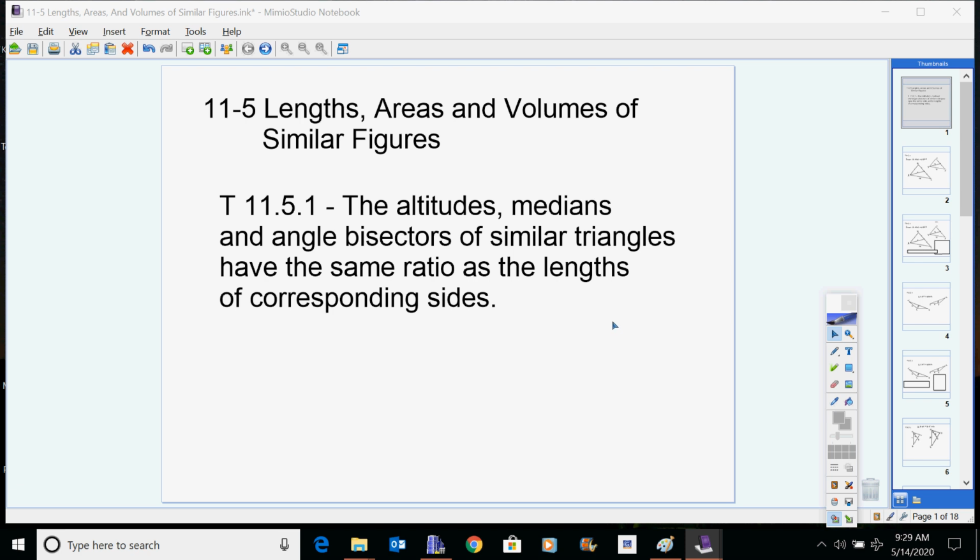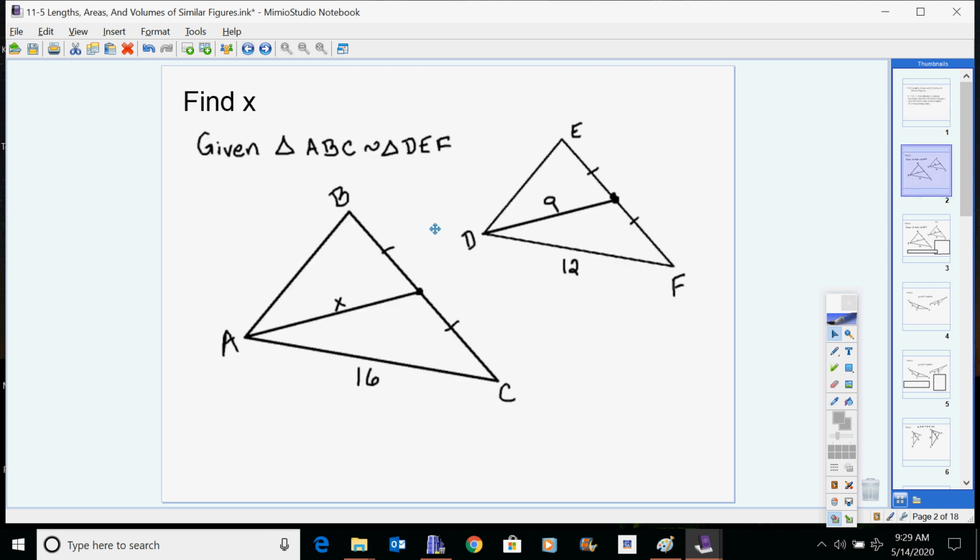Well, they have the same ratio that the side lengths do. So for example, if I have these 2 similar triangles, these segments, if you remember from our other chapter, happen to be medians. These medians are proportional to the sides of these similar triangles, just like 2 pairs of sides would be proportional on the sides of the triangles.